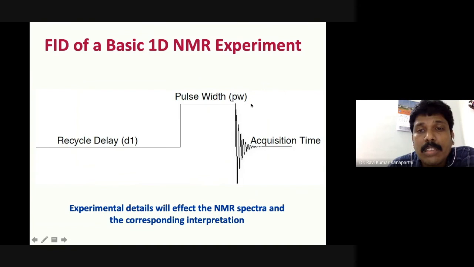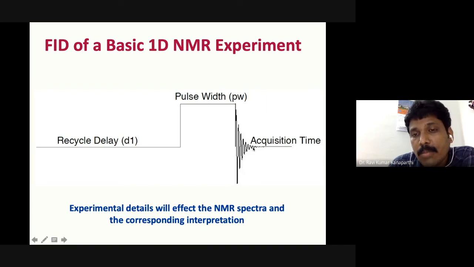The pulse is applied, and this tells you the pulse width. It can be shorter, it can be longer. It depends upon the nuclei and the type of NMR experiment. This pulse duration changes. Afterwards, when you stop it, the FID slowly decays. This is the maximum, and slowly the intensity decays.